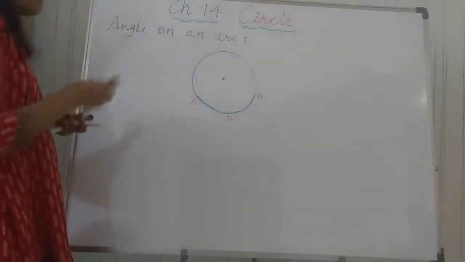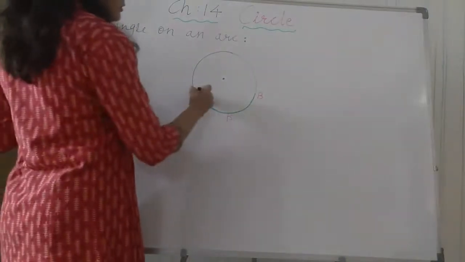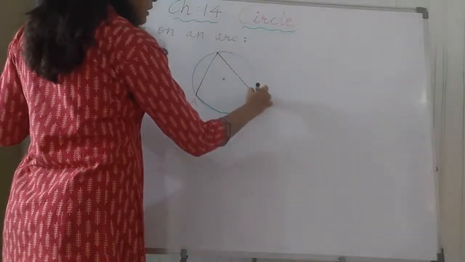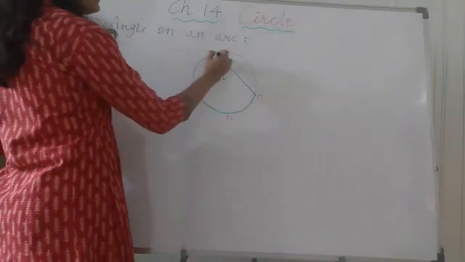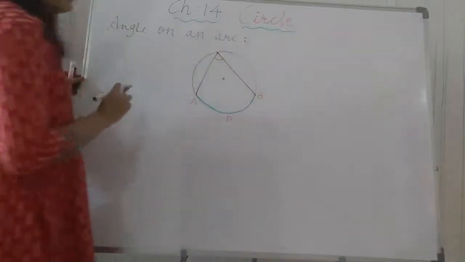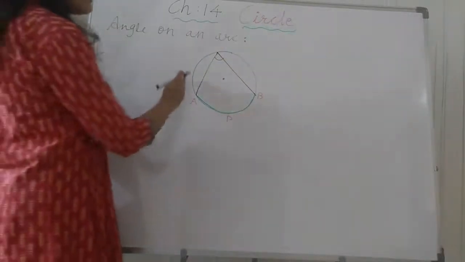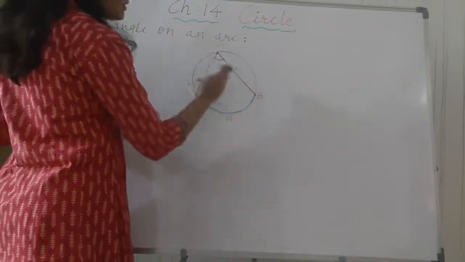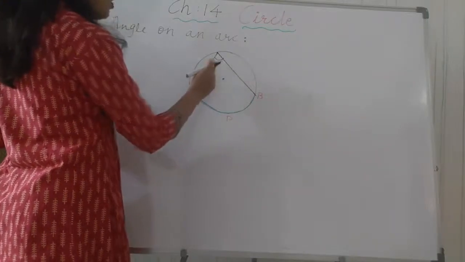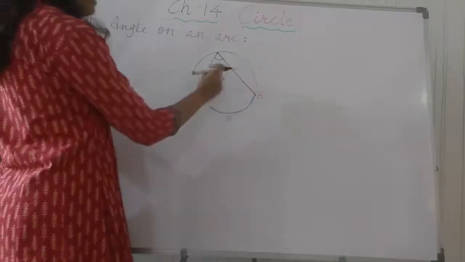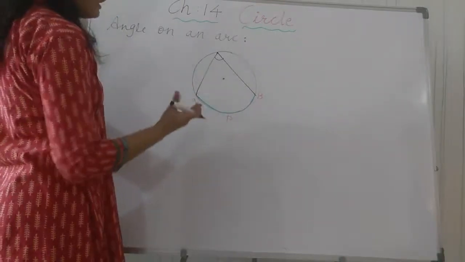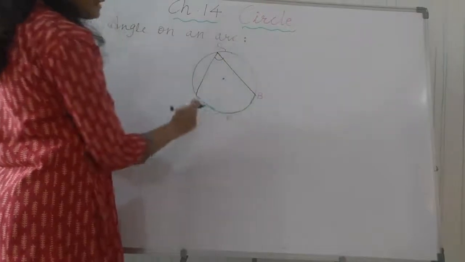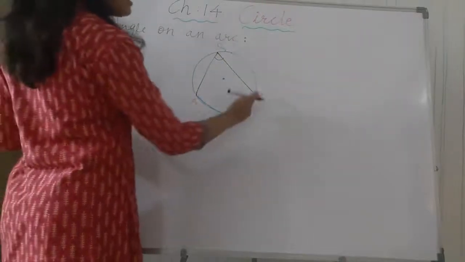Now students, I am drawing an angle. So here from this A and B, this is the angle formed here, which is called an angle on the circumference of the circle from point A to B. So this is the angle on arc AB, and sometimes we say that angle AQB is subtended on an arc AB.